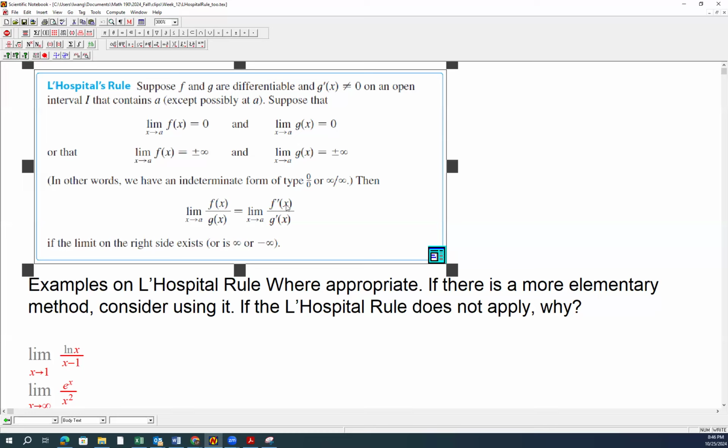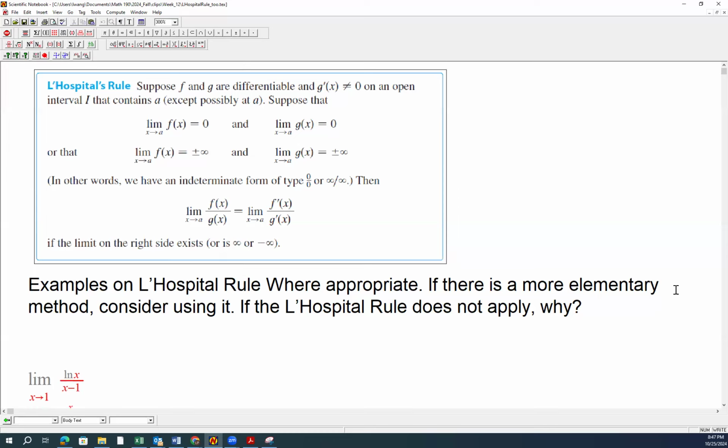But this is, of course, conditional. Either the numerator and denominator both approach zero, or both approach infinity. So there are just these two major cases. If one approaches zero and the other one does not, then we cannot apply L'Hopital rule.